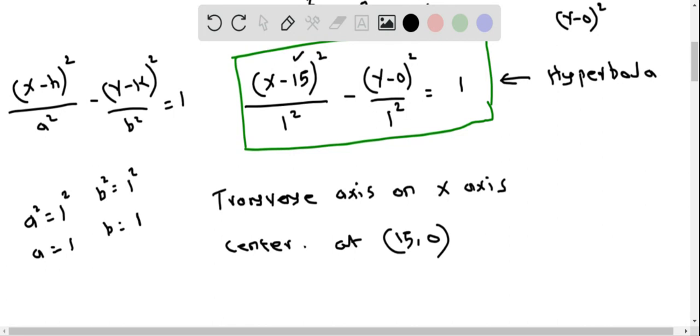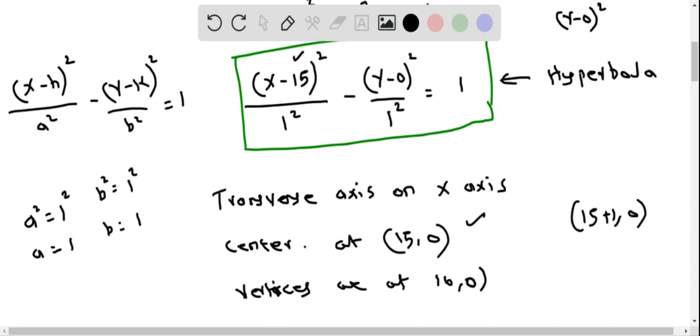And this means the vertices are at, since the center is at 15 comma 0, we add 15 plus 1 to find one of the vertices. So it is 16 comma 0, and the other vertex is 15 minus 1, which is 14 comma 0.